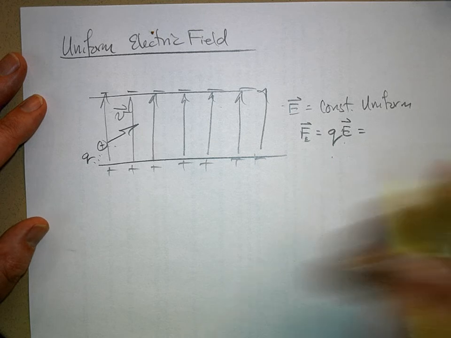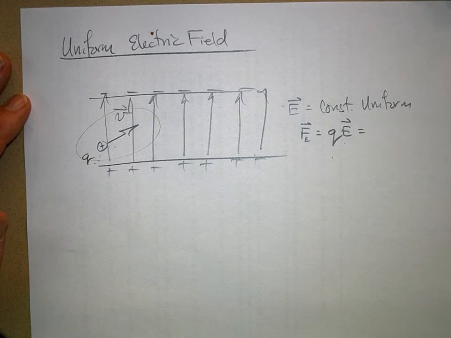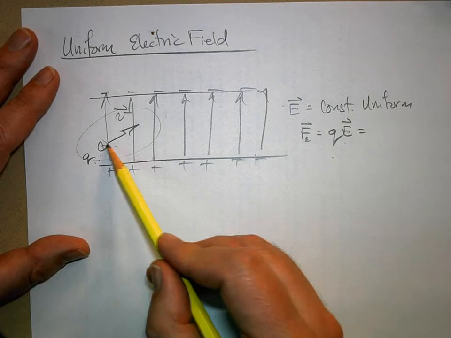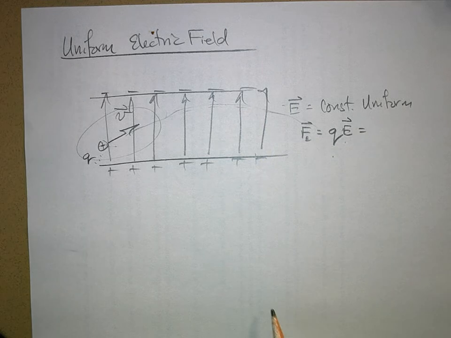If that force is the net force acting on the object, then you've got constant acceleration. If you have constant acceleration, you can use kinematic equations. And in here, you've got projectile motion. So all that stuff that we studied with projectile motion will work.